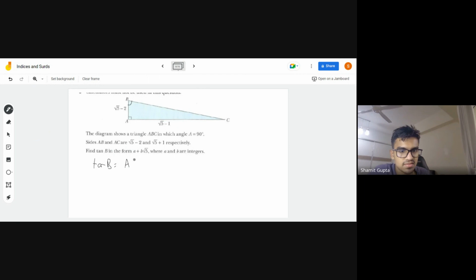So it will become AC over AB. So tan B is equal to root 5 minus 1 over root 5 minus 2. Now, by the way, if you put this in your calculator, it will give you 3 plus root 5.